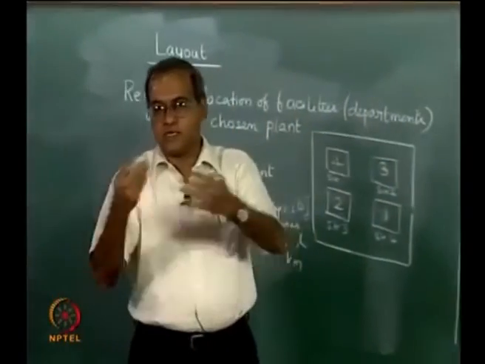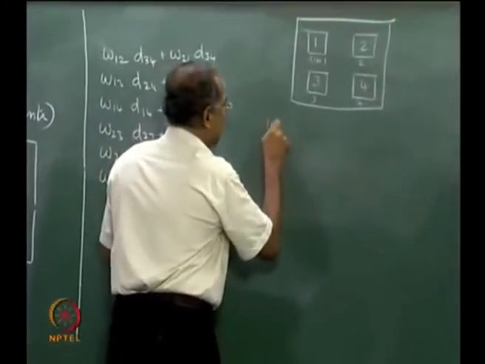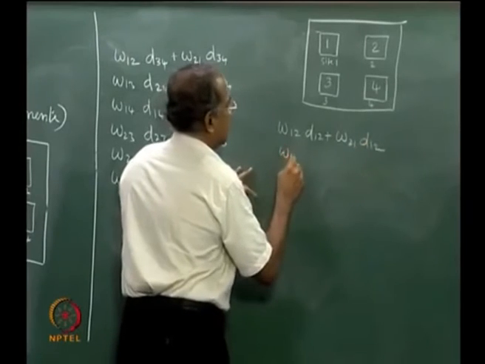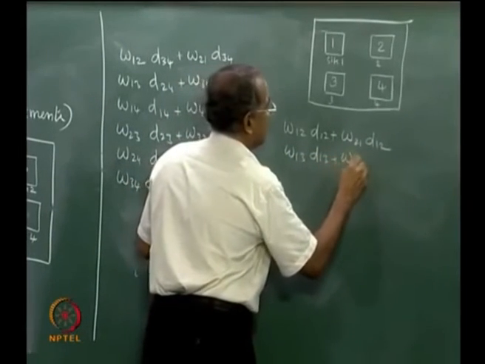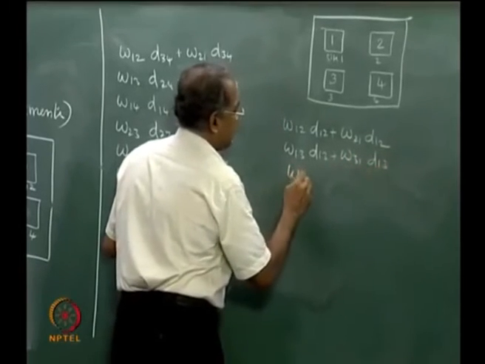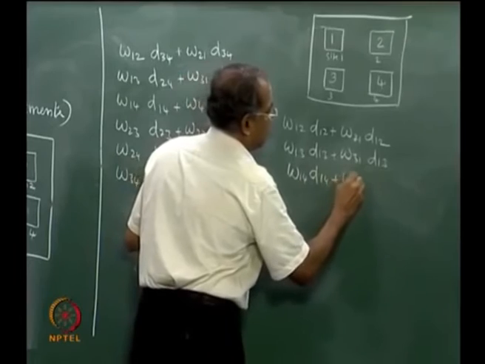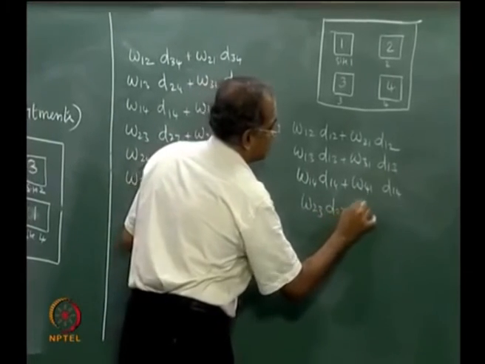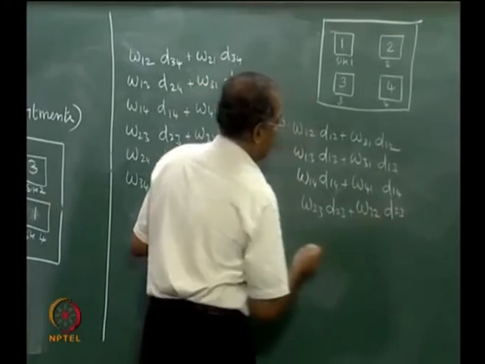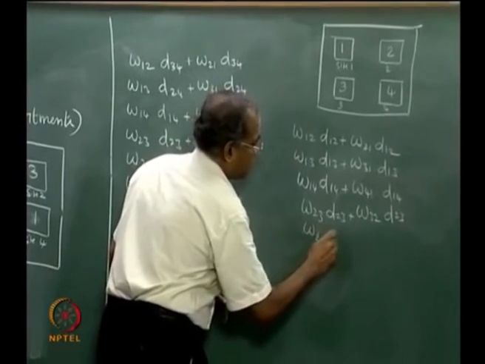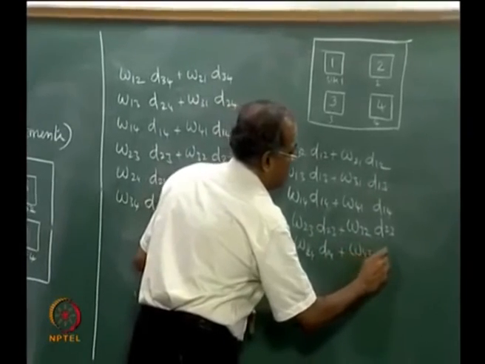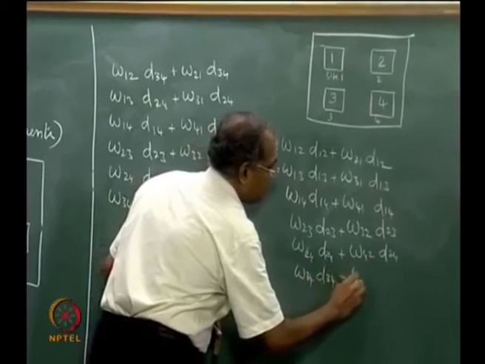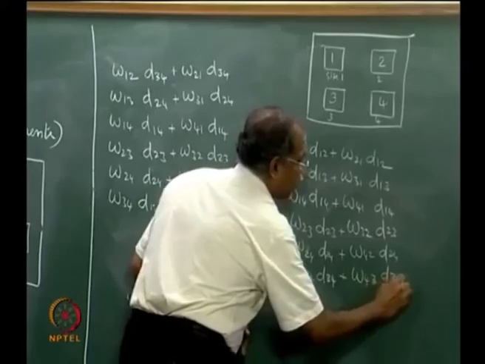Then the weight into distance, ton kilometer measure, will become W12 d12 plus W21 d12, W13 d13, W31 d13, W14 d14, W41 d14, W23 d23, W32 d23, W24 d24, W42 d24, W34 d34, W43 d34.